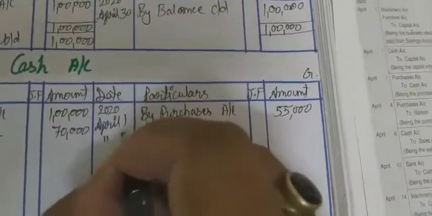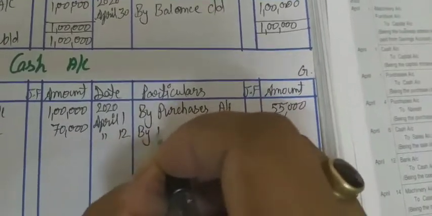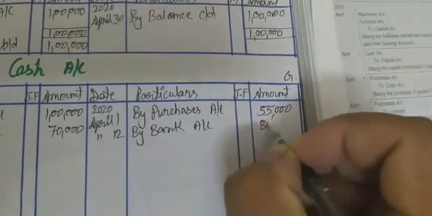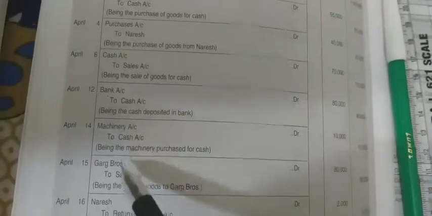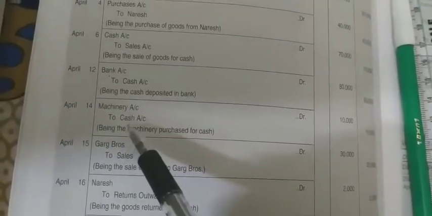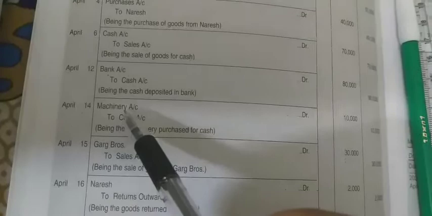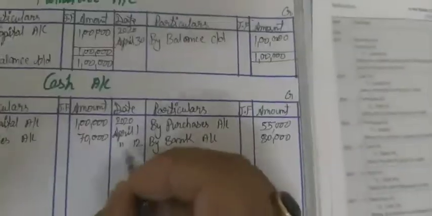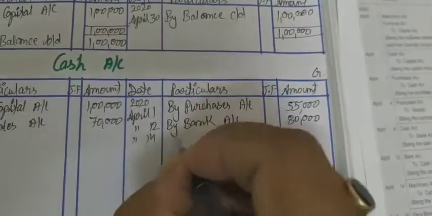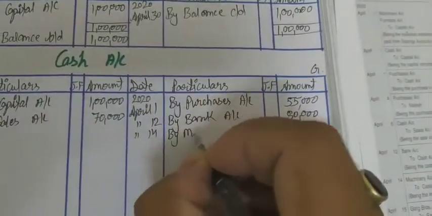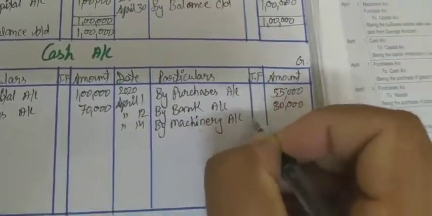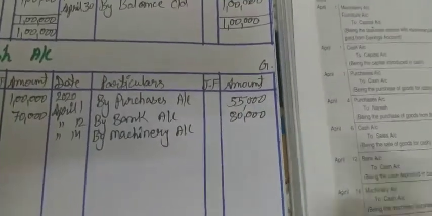So April 12, by bank account with rupees 80,000. Next, on April 14, the machine account is debited and cash is credited, so on April 14, by machinery account with rupees 10,000.